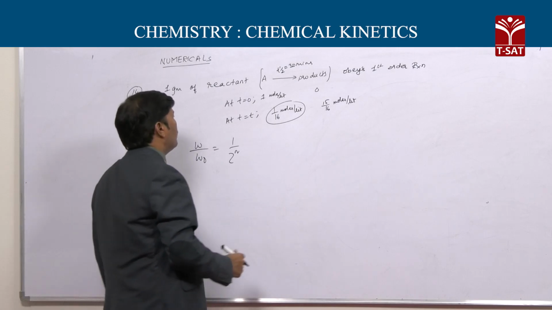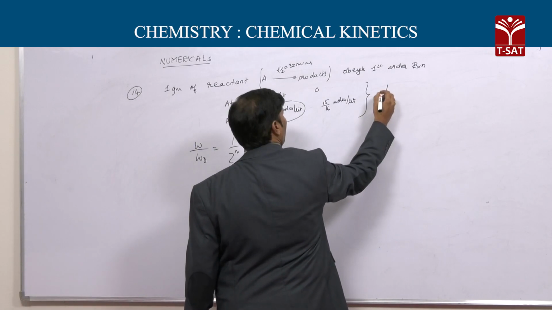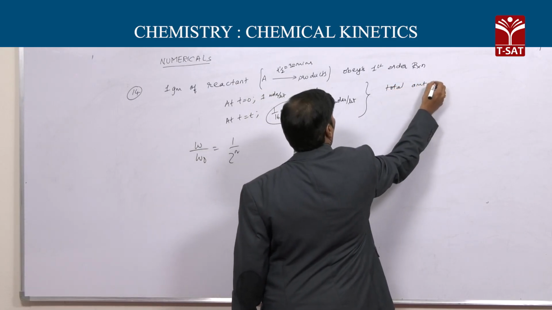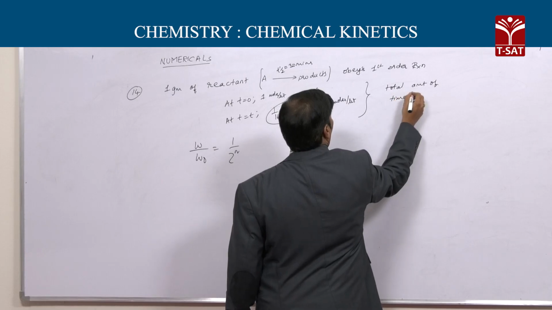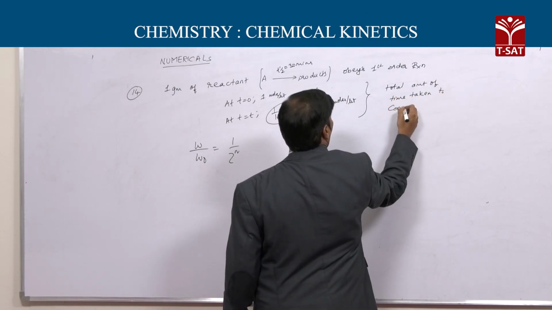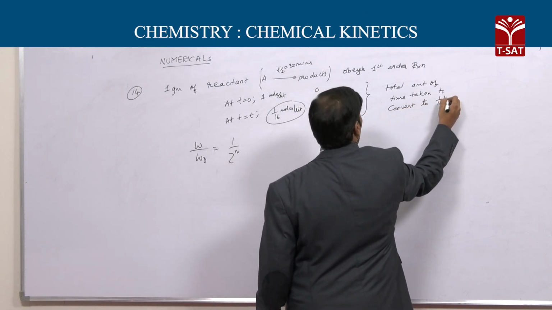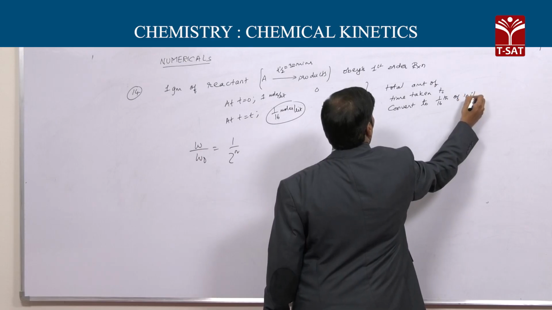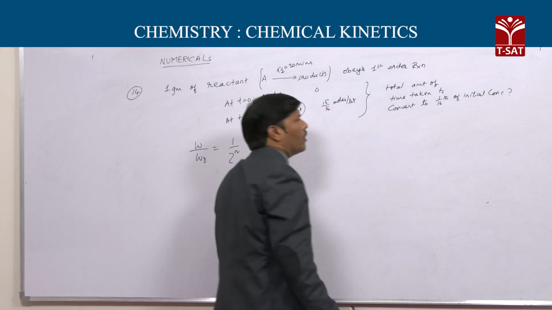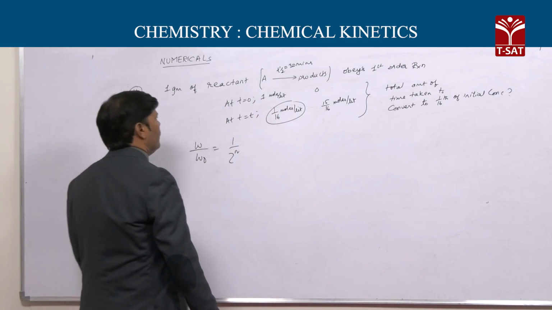So, what is the total time? From this observation, what is the total amount of time taken to convert to 1 by 16th of the initial concentration is what the question is asking.